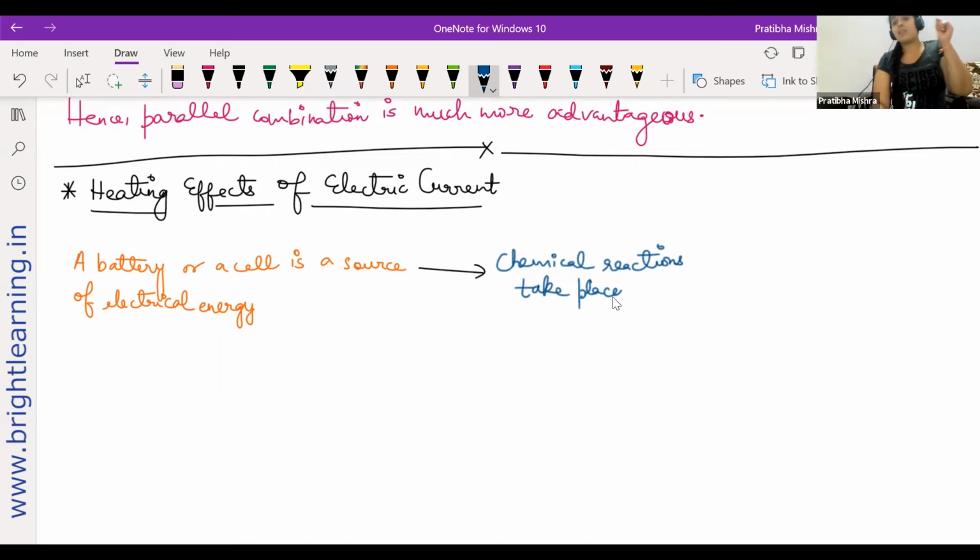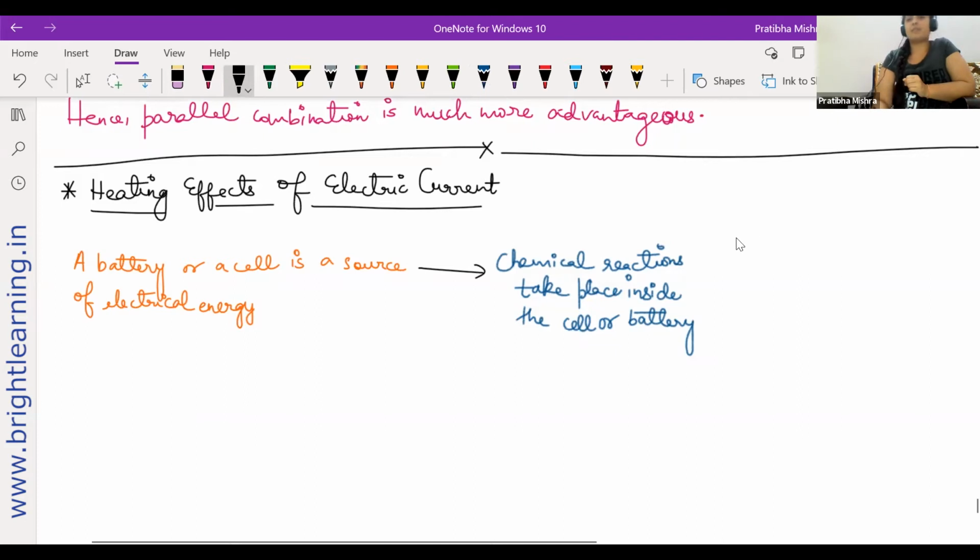Okay, chemical reactions take place where? Inside the cell, that's a C, cell or a battery. If you feel that looks like A, I will just rewrite it, because even I was feeling like that. Inside the cell or battery, then what happens?